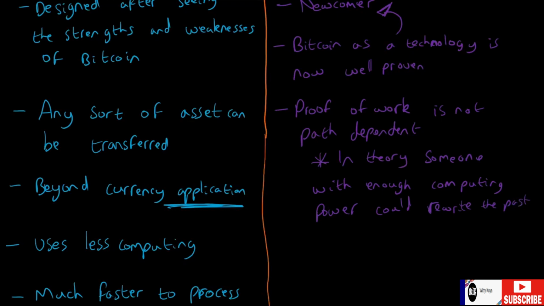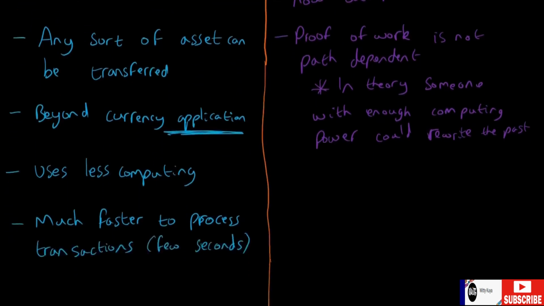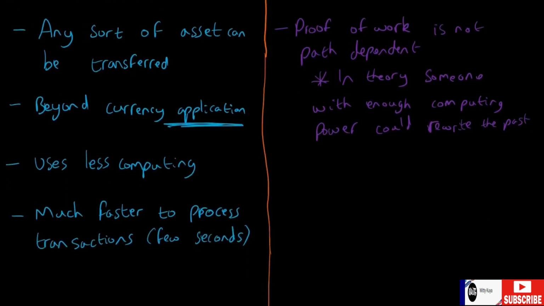And I don't mean they're going to go back in time and see dinosaurs, but I mean rewrite the past of the ledger system within Ripple. So that's quite a crazy thing to think about, that something like that could happen, whereas with Bitcoin that really would not happen. You would have to hack it, whereas with this it's less hacking it and more just a system that they've got. So chance of this happening is unlikely, but it could. So for that reason, that's quite a big disadvantage.